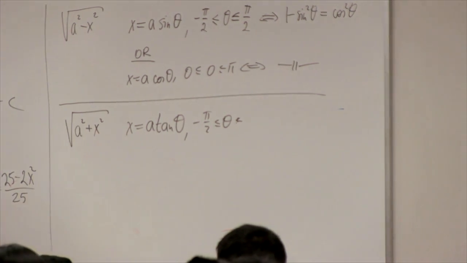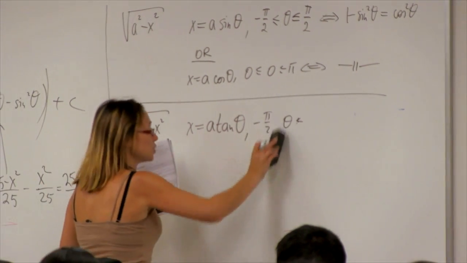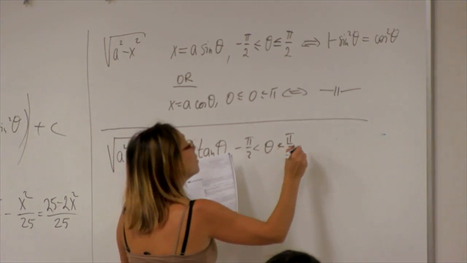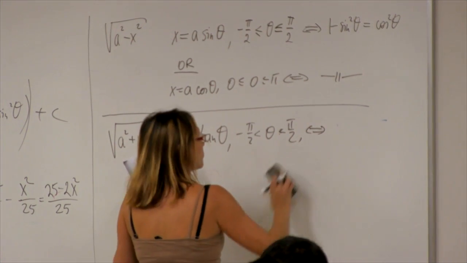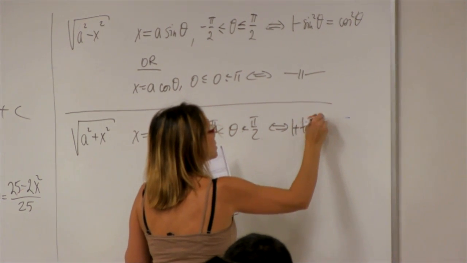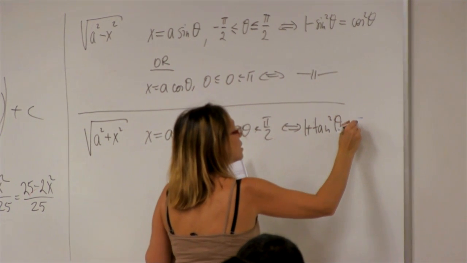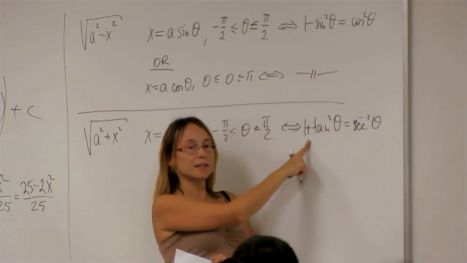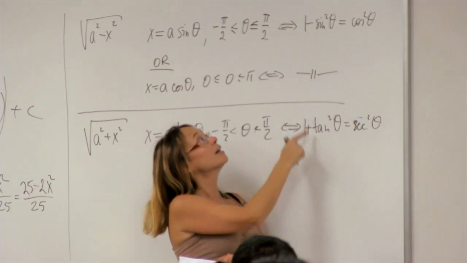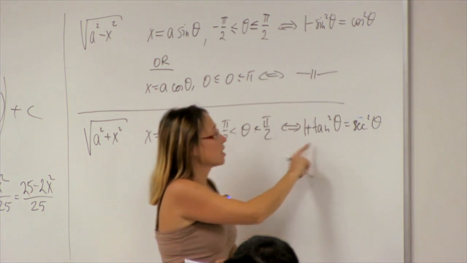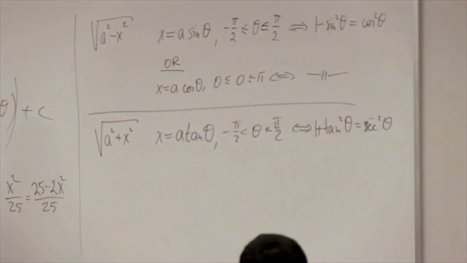Sorry, it's a strict inequality. And we use the identity 1 plus tangent squared theta equals secant squared theta. Why do we use this? Because this identity has a plus. This other identity has a minus. So this is the difference. So let's try how this works.